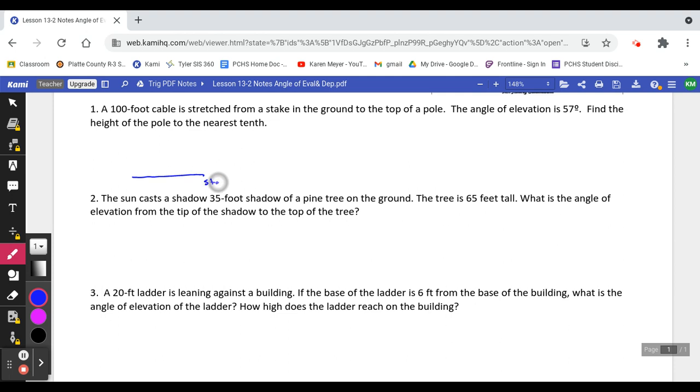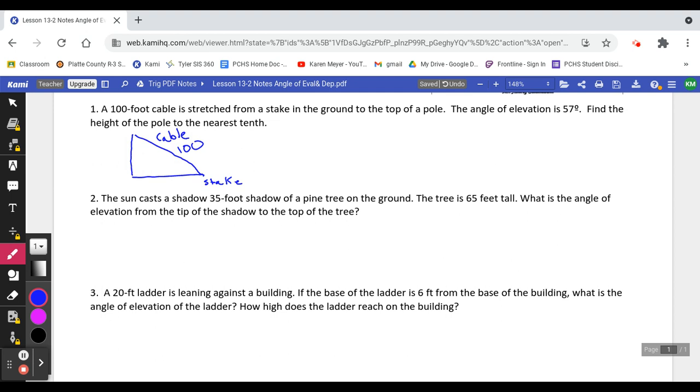Here's my stake at one end of the ground, and a cable going all the way up to the top. So we're making a right triangle. This is my cable on this side, and my cable is 100. The angle of elevation is 57.